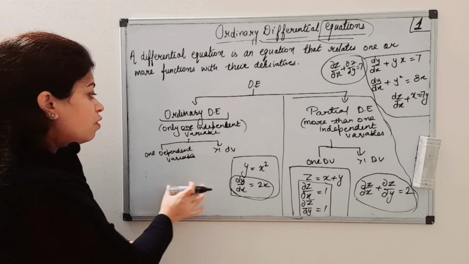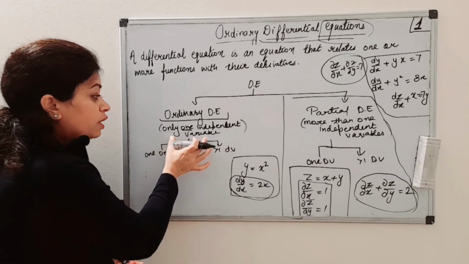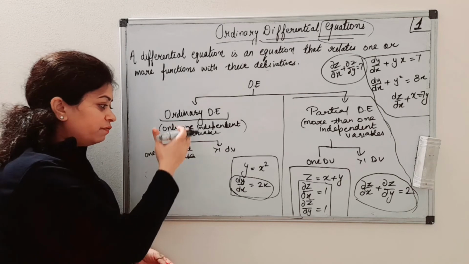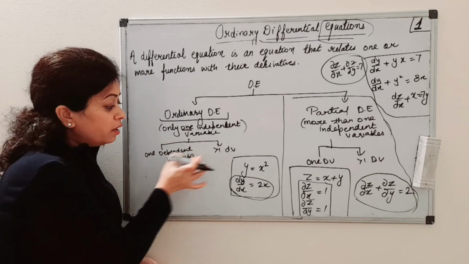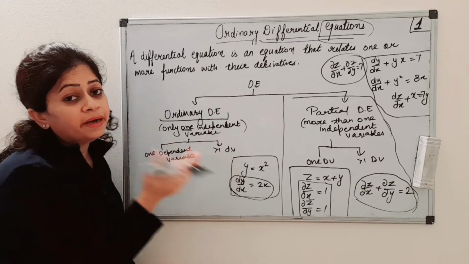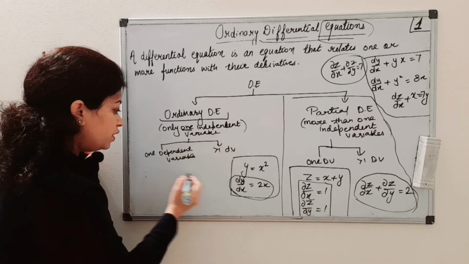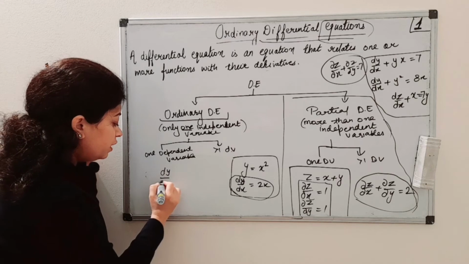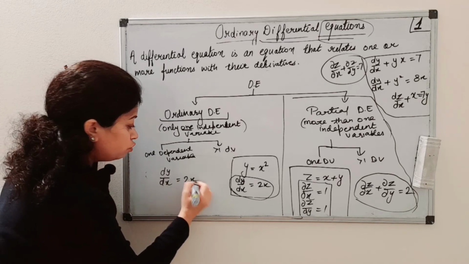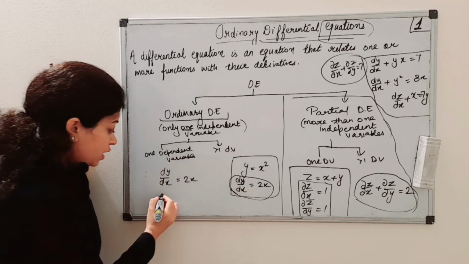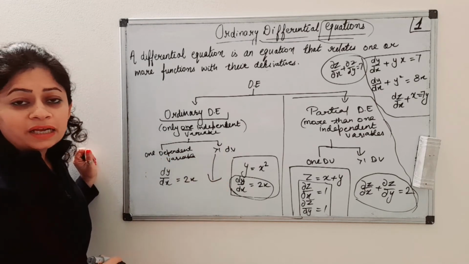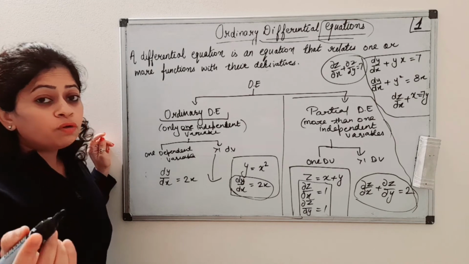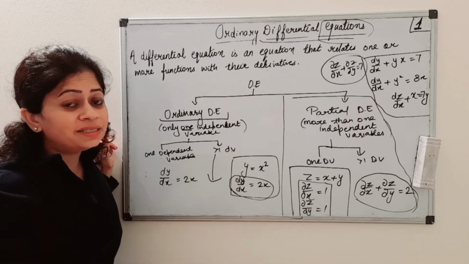So what are ordinary differential equations? Only one independent variable, and then we further classify them into one dependent variable or more than one dependent variable. Suppose we have only one dependent variable, dy by dx equal to 2x, this equation. If we have more than one dependent variable, then it becomes the case where we study a system of equations.